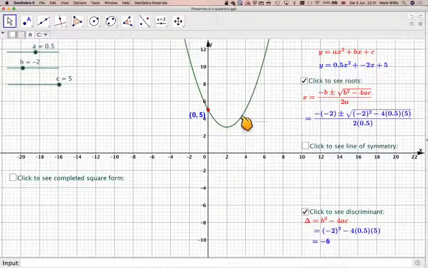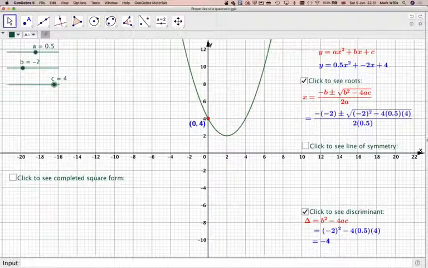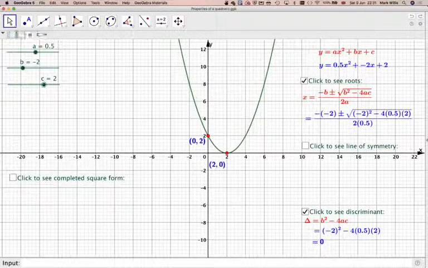In this case, where b squared minus 4ac is negative, I'm going to get no solutions because the curve does not cut the x-axis. If I move this back down to this particular point, at the point where we just get one root, then b squared minus 4ac will be equal to 0.